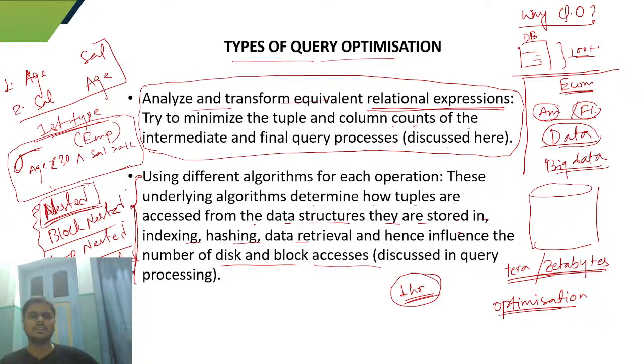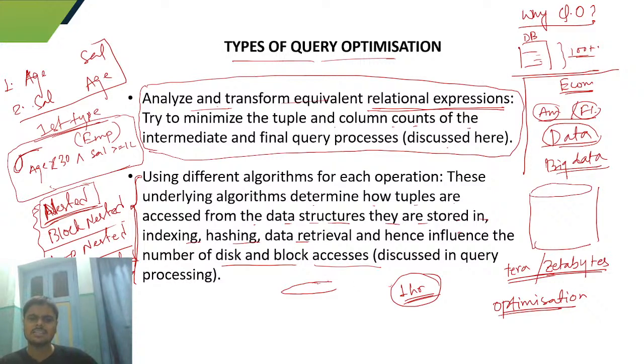So these are the different types of algorithms, and this tells us how actually the data is retrieved. The first type tells us what we are going to retrieve and how to minimize the number of operations.